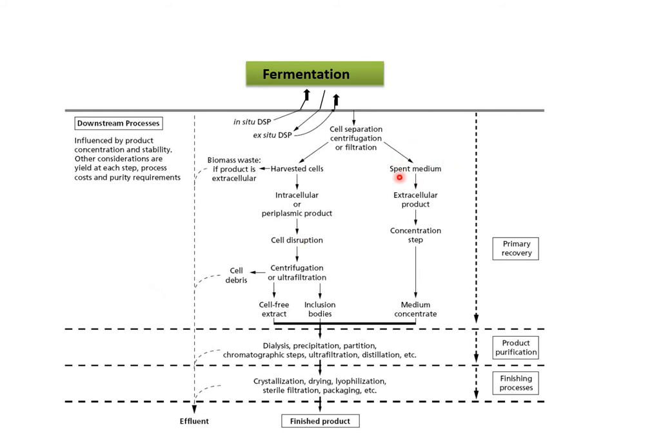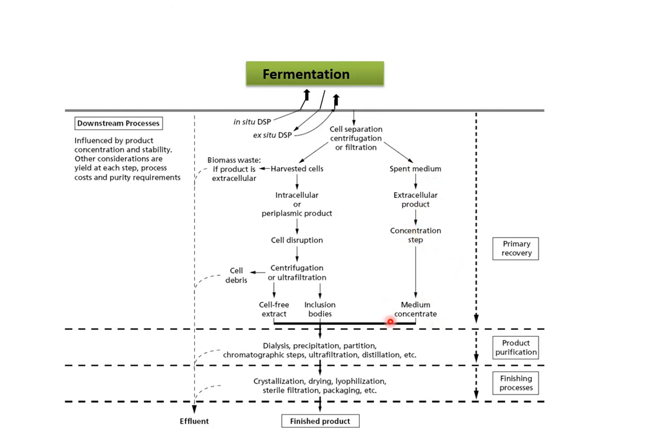But if the product is extracellular, if the spent medium is of interest, then after getting this extracellular product, we are going to concentrate this broth or the fermented medium. The concentration step I will discuss in the coming slides.